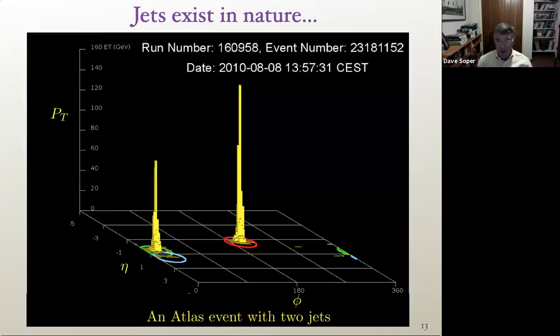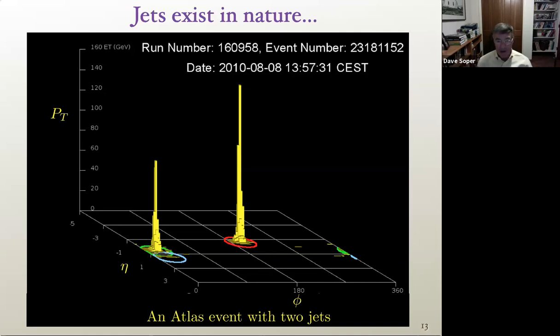And those are seen in nature. And just to show you that, I copied a picture from ATLAS. This is an event in ATLAS in hadron-hadron collisions in which there's 2 jets. So I have to tell you what I'm plotting here. The axis labeled eta is a pseudorapidity.